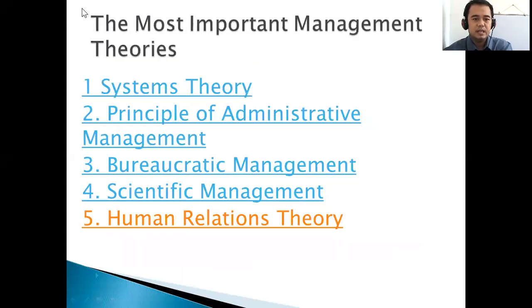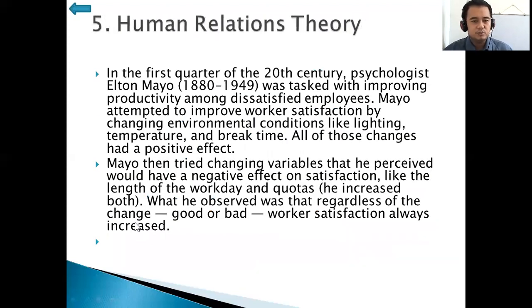And the last one is the human relations theory by Elton Mayo, a psychologist. He initiated improving productivity through addressing dissatisfied employees. If the employees are not satisfied, how can they create a good quality product?